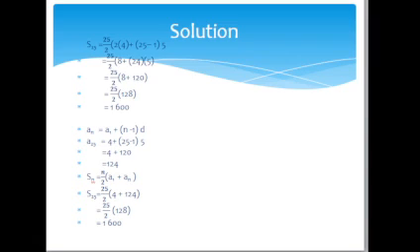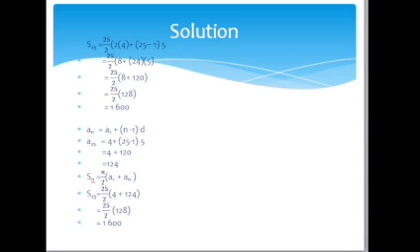And we will substitute it to the given formula. We have S sub n equals n over 2 times a sub 1 plus a sub n. So S sub 25 equals 25 over 2 times our first term, which is 4, and our last term, which is 124.